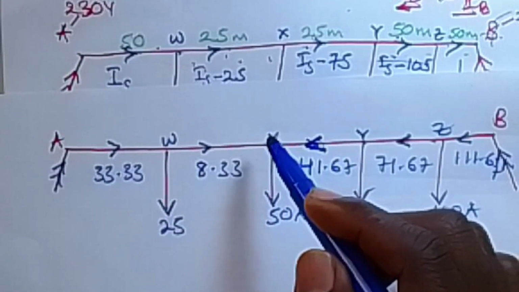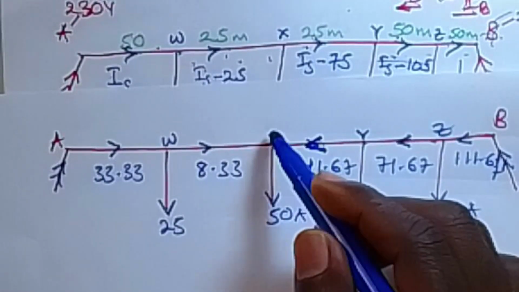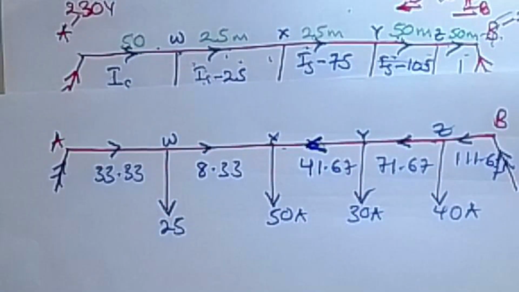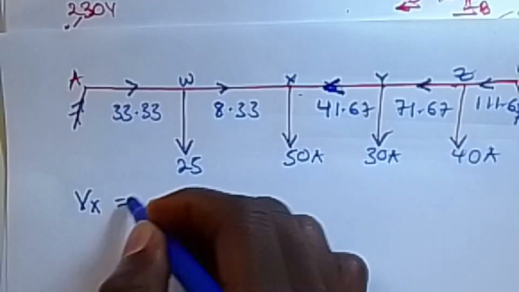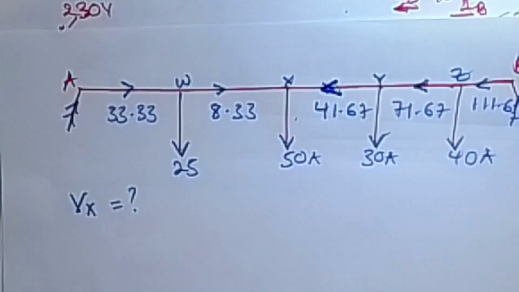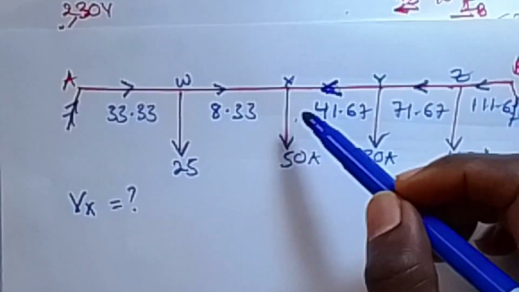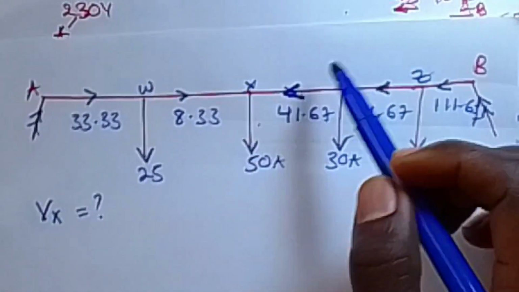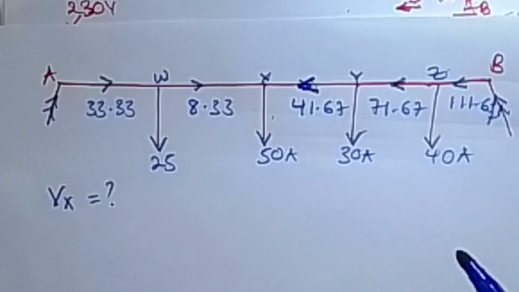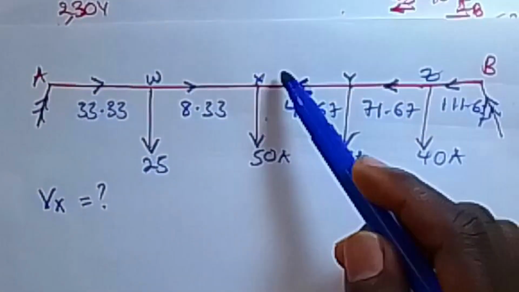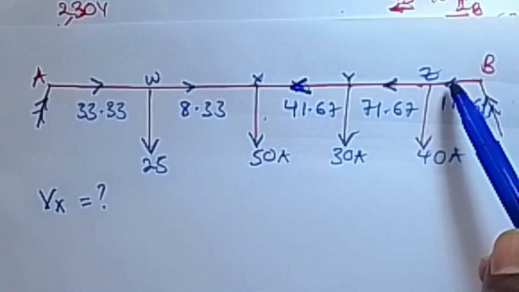Then the minimum potential is going to be the voltage at point X. So Vx is what we want to find. Here it is always best to choose the direction which won't make you overcalculate. For example, if I work from this side towards X, I have 3 stages to go through.